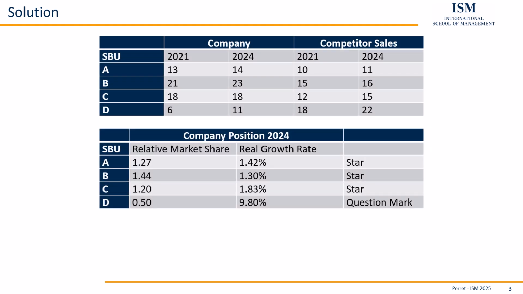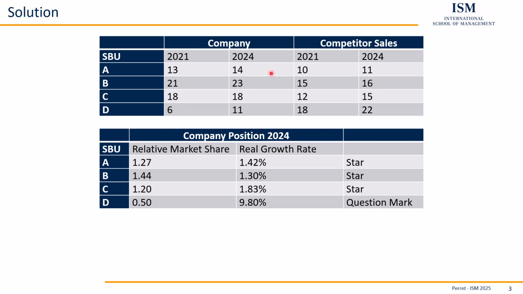Now we can calculate the first two types of data, which is the relative market share and the real growth rate of the market. The relative market share is quite easy and relatively fast done. Why? Because here we're working for 24. So we consider the 24 data for our company and the 24 data for the competitor.